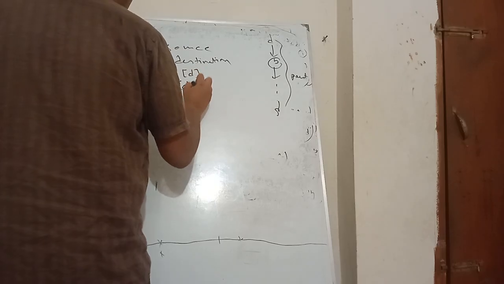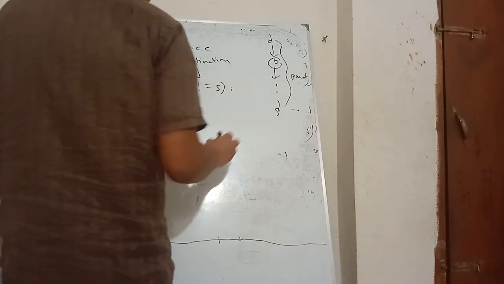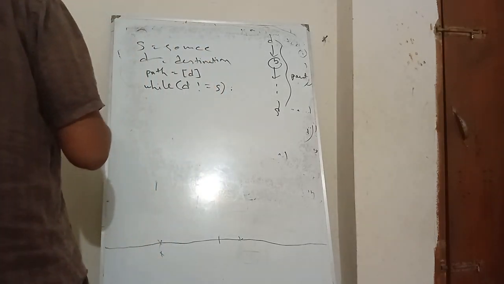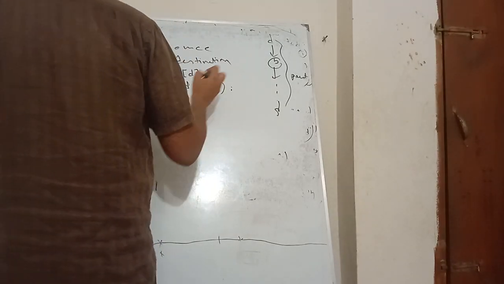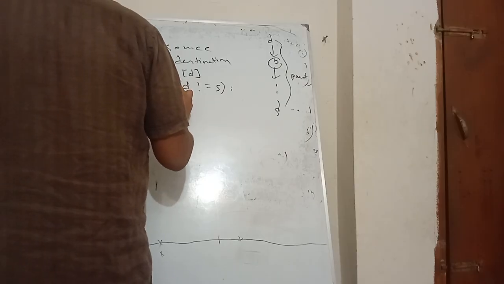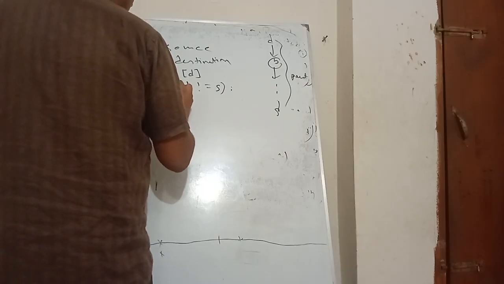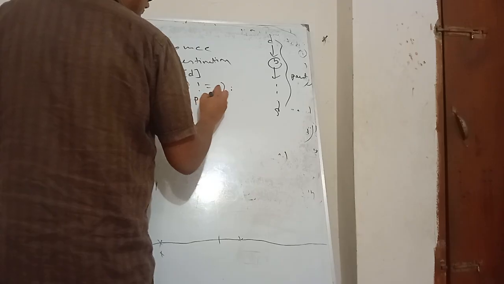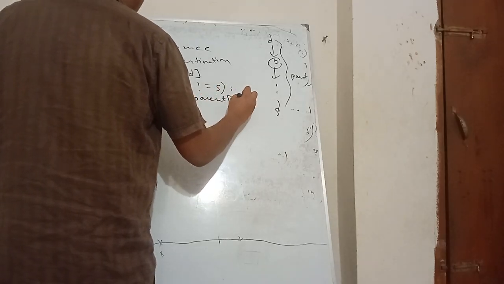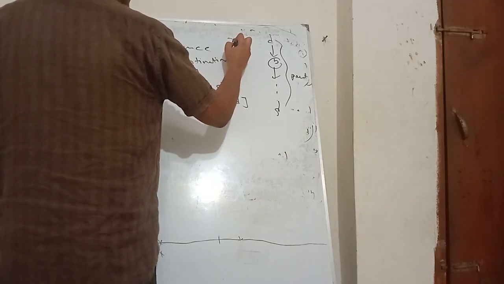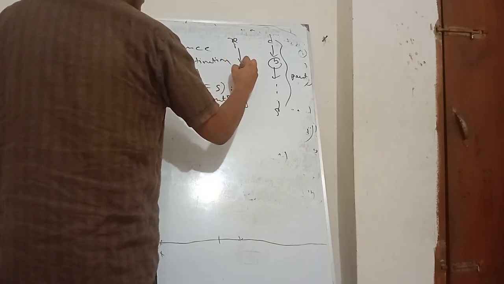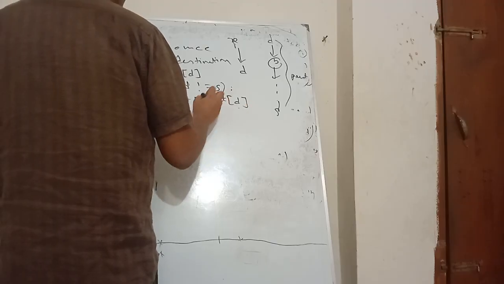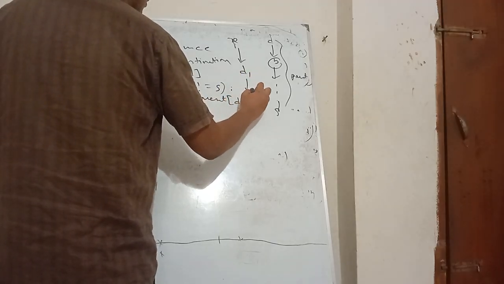While destination is not equal to source, we use a while loop: D equals parent of D. So parent of D1, then D2.